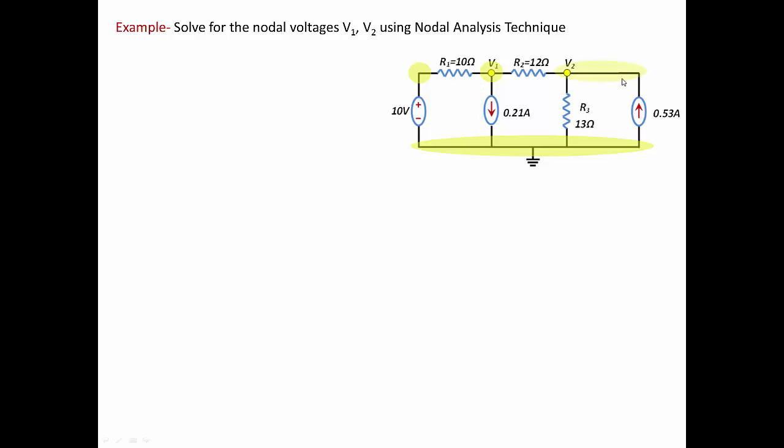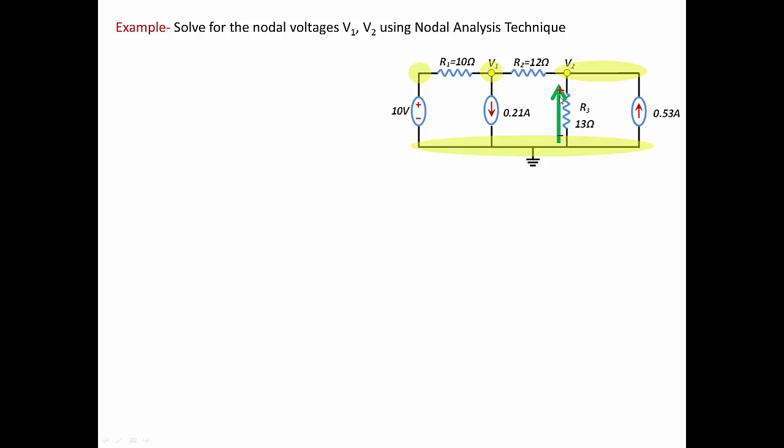Also, we have another node over here. This node is basically where we have three branches connected, this resistor, and this current source. Now keep in mind that this short circuit is the same node. So this is the second node, and we call it V2. The nodal voltage at this node is basically the voltage from this node to ground.